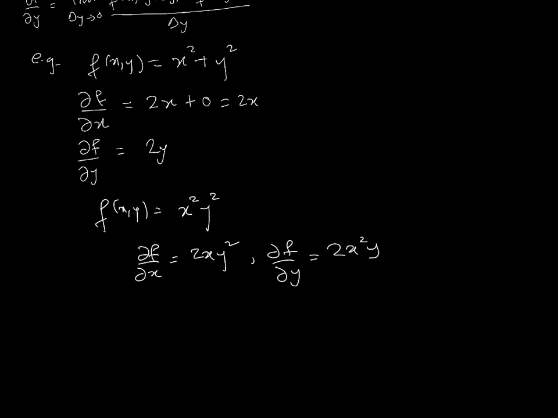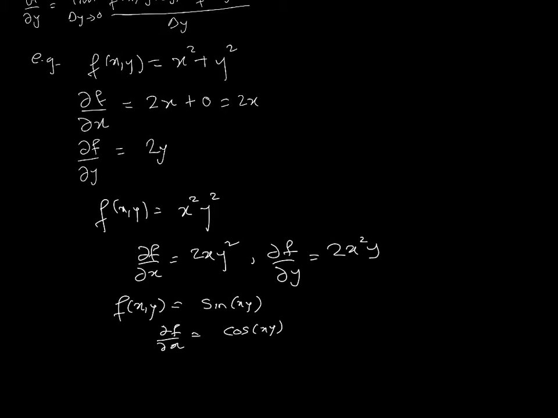Let's look at another example, a bit more complicated this time. If we have f of x y equals sine of xy, then partial f by x is, of course, cosine of xy, as one would expect.